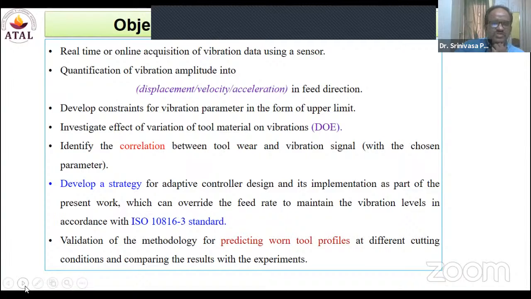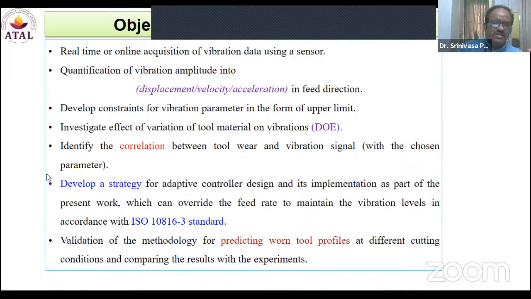First one, the objectives of this particular work. We need to collect the data in real time. The immediate task, once the collection is over, is to quantify the signal. We are focusing on the vibration signal, then quantifying it, then identifying the constraints for each and every parameter.